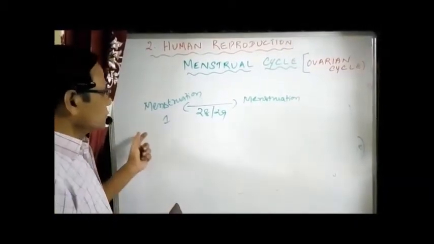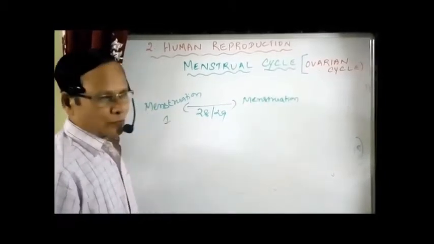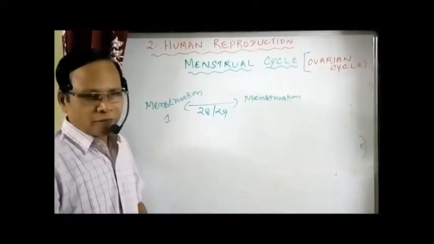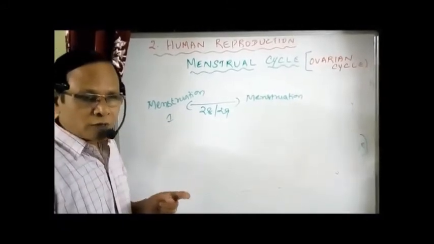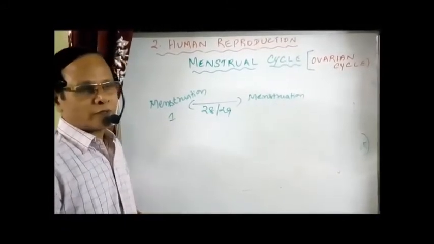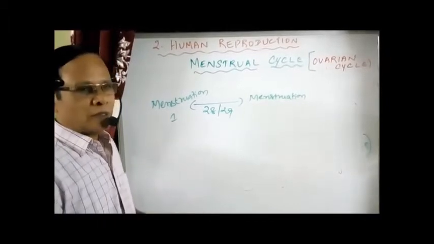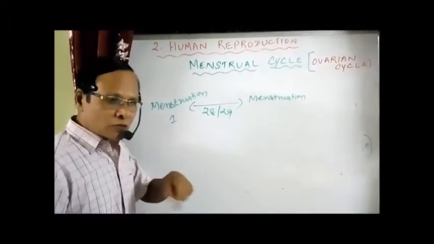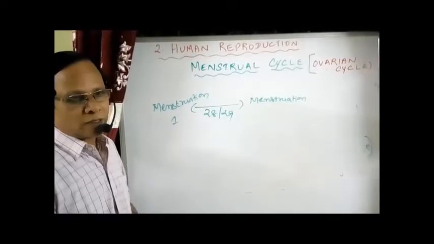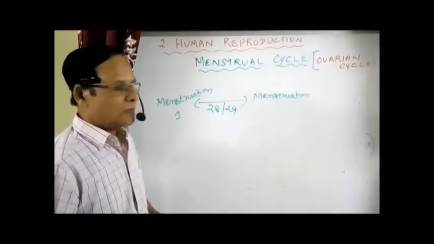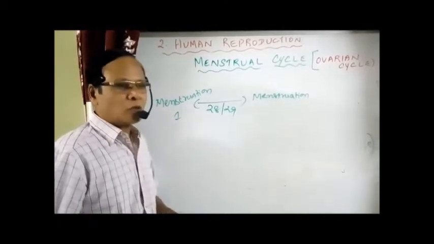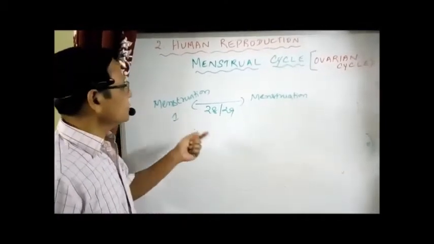Between one menstrual period and the next, cyclic events are happening both in the uterus as well as in the ovary. The uterine endometrium, the innermost layer of the uterus, undergoes cyclic changes during the menstrual cycle. Not only in the uterine wall but also in the ovary changes occur.